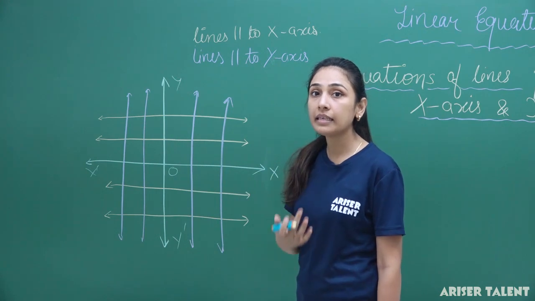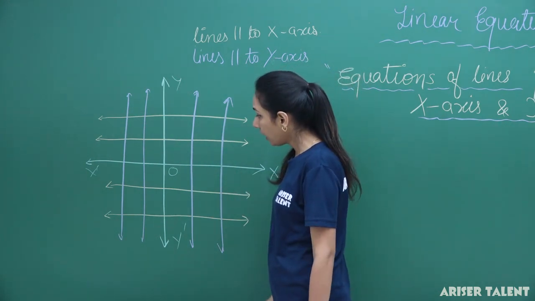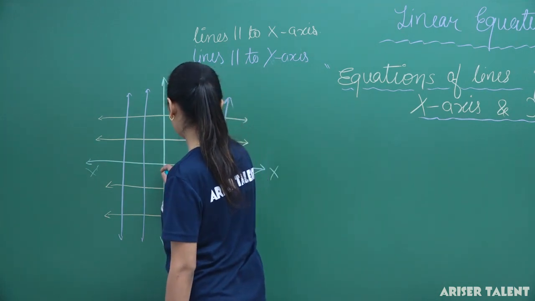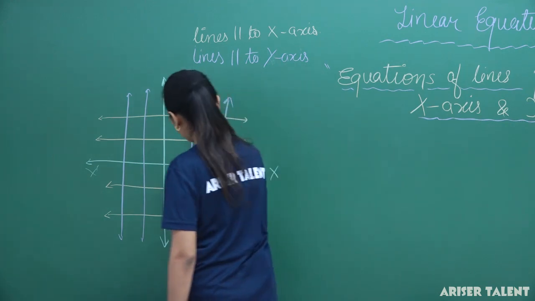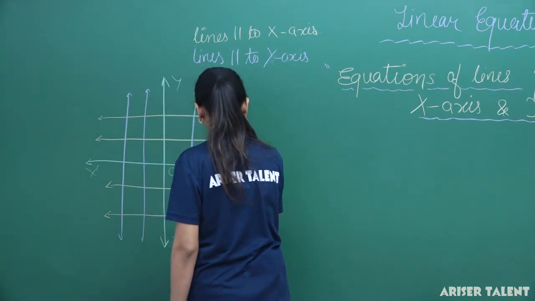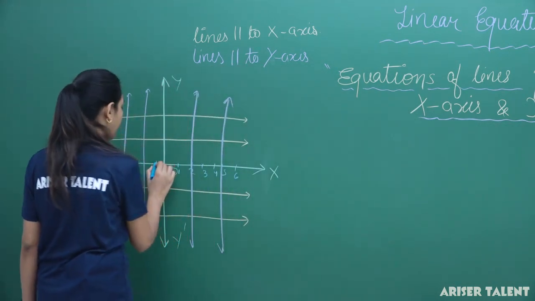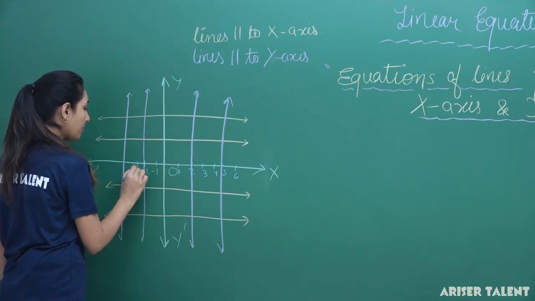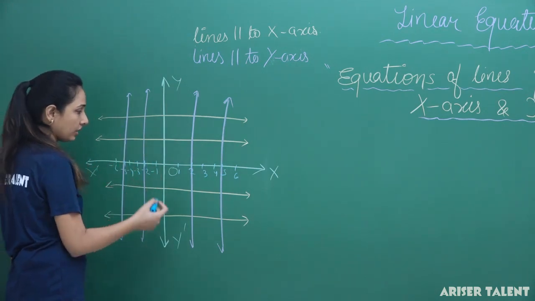Now, what will be the standard equation for such kind of lines? If I talk about this line, this our axis, this is main axis of ours, having points like 1, 2, 3, 4, 5, 6 here. Similarly, it is having -1, -2, -3, -4, -5, -6 and so on there.